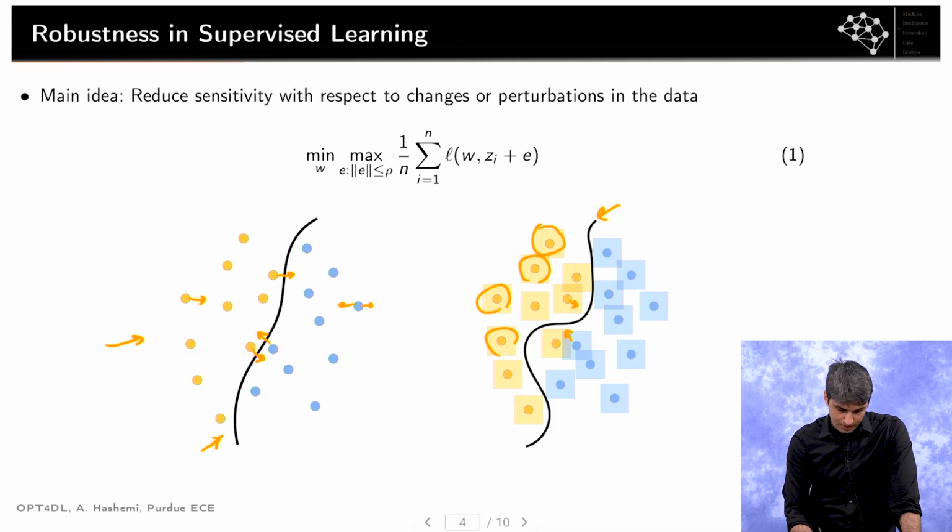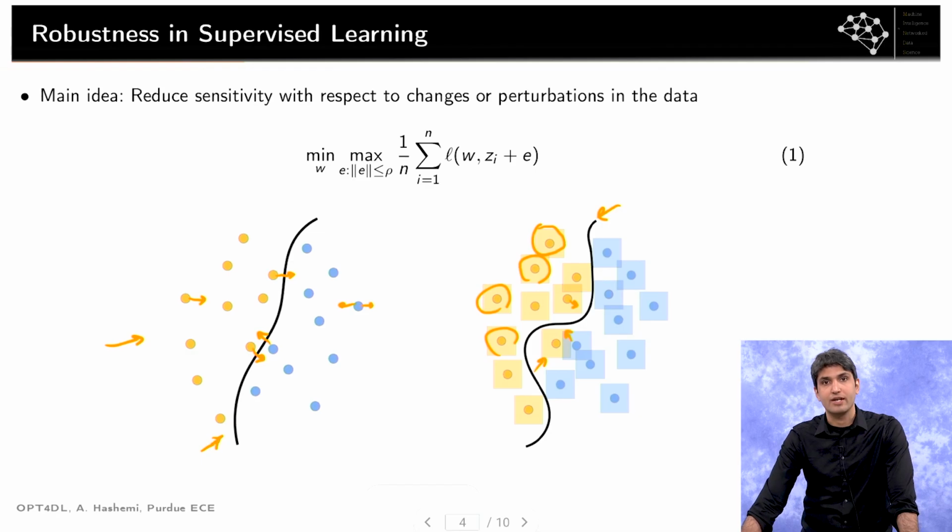For instance, the classifier that is trained in a robust way could make a mistake here. Okay, so in this case, it is not able to classify this specific example correctly. And this is mainly due to the fact that we are inducing the notion of robustness, and there is naturally a trade-off between robustness and performance.